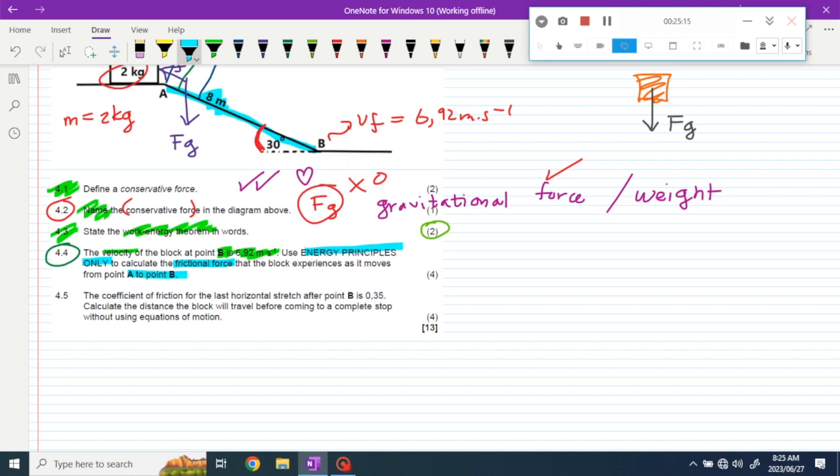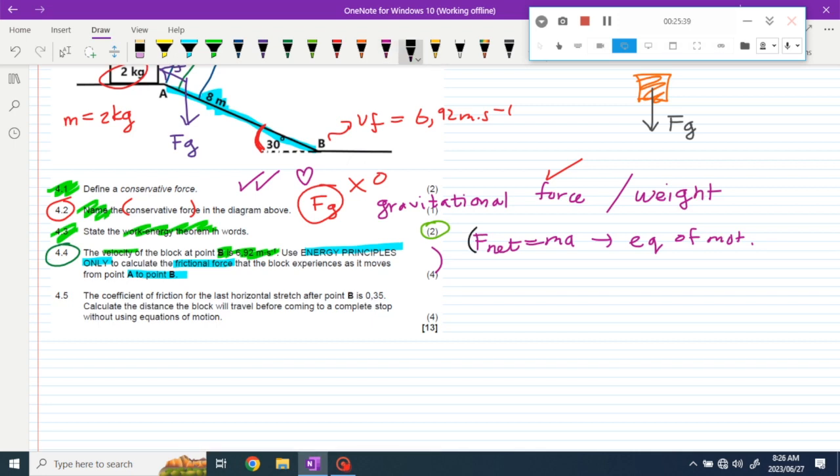Now, if you have practiced a lot on this, you will know for this section, you can also use things like F net equals ma, and from this, you can use an equation of motion to get the correct answer. Okay, I've seen it in many textbooks. I use the Answer Series textbook and they do it in the Answer Series.